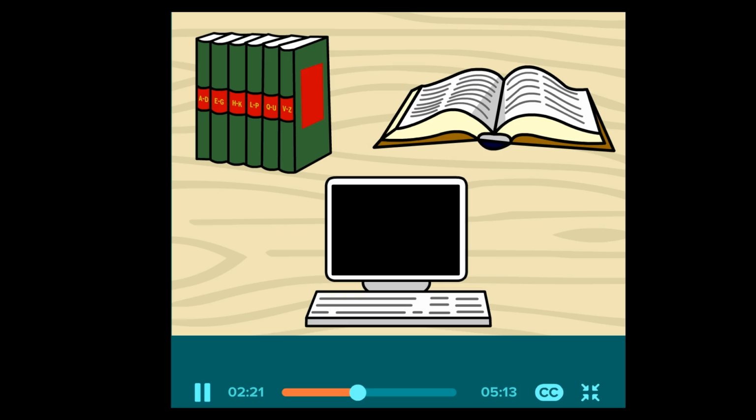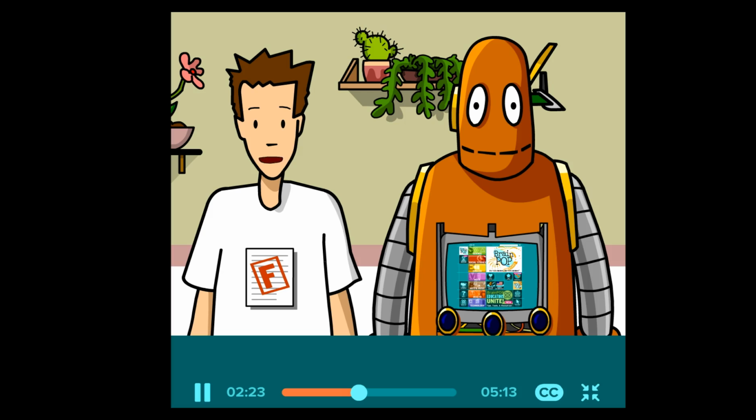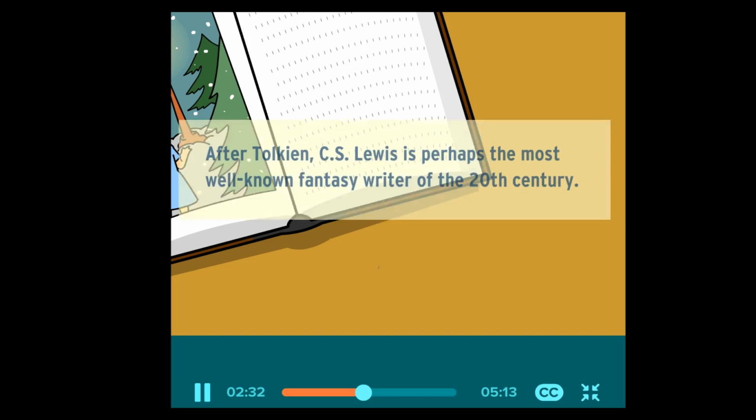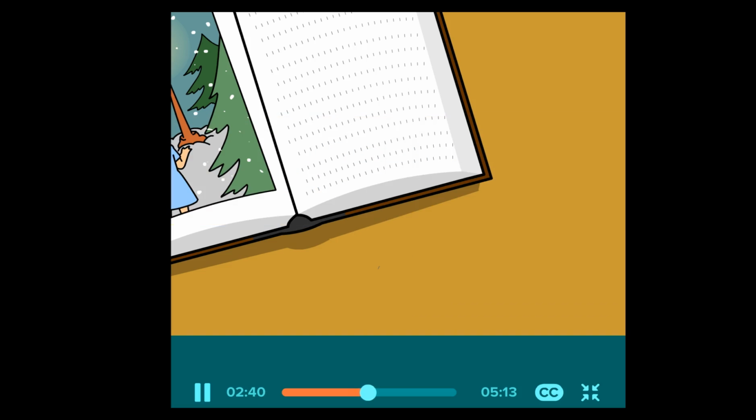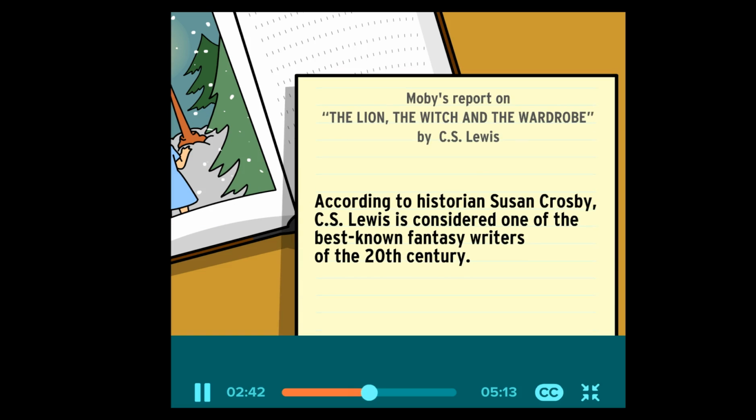It's not that you can't consult encyclopedias, books, and websites for your assignments. In fact, you should use these sources. The key is you have to attribute or give credit to your sources. For example, if you use someone else's words verbatim, that means quoted exactly, word for word, you have to put them in quotation marks. And every time you do this, you should credit the author.